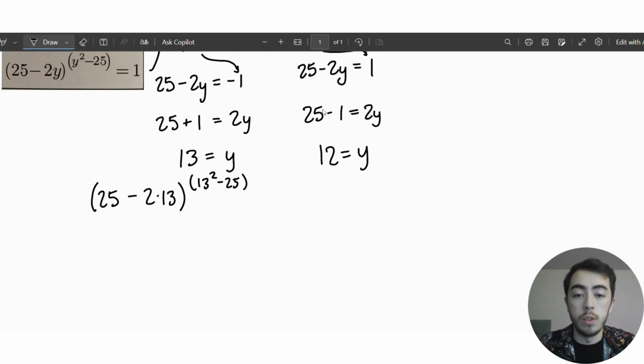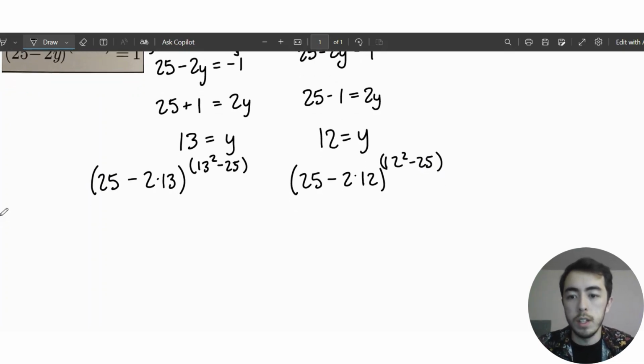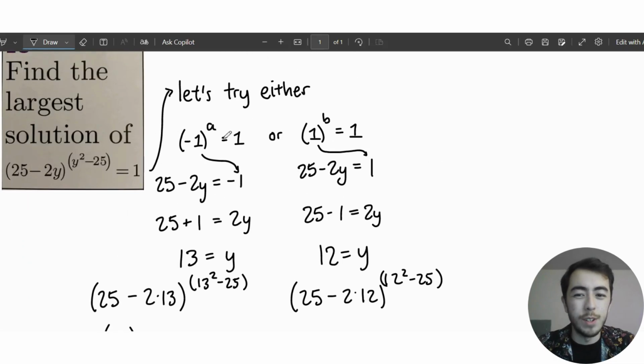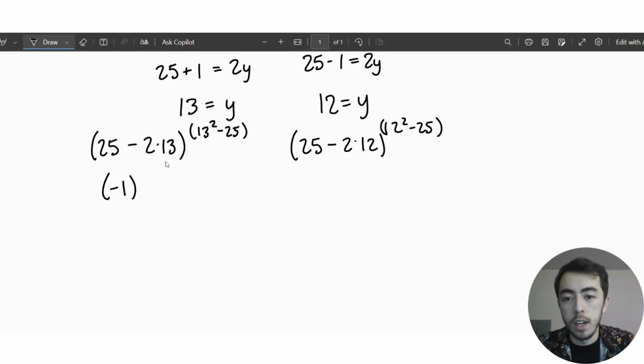If y were 12, then I'd get 25 minus 2 times 12 to the power of 12 squared minus 25. Let's do a little arithmetic. On the left side, I have 25 minus 26, so that's a -1 as the base. Kind of already knew that because that's how I found the 13 anyway. And then I know that 13 squared is 169 minus 25.